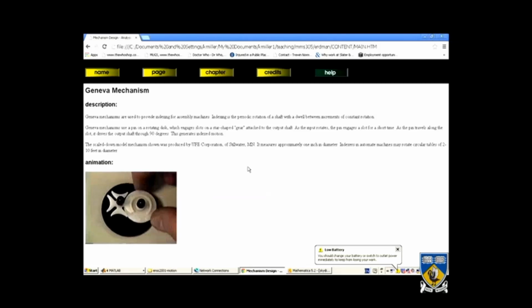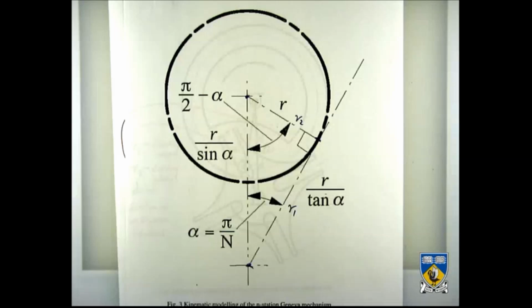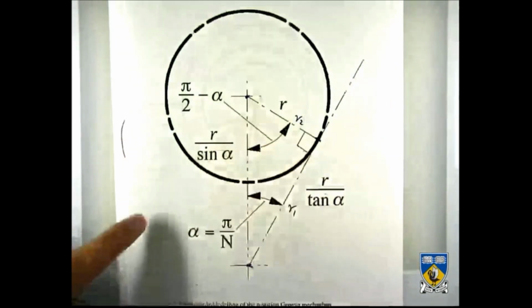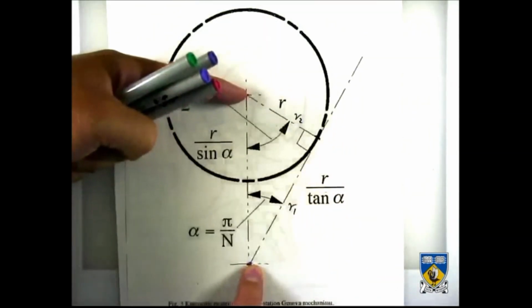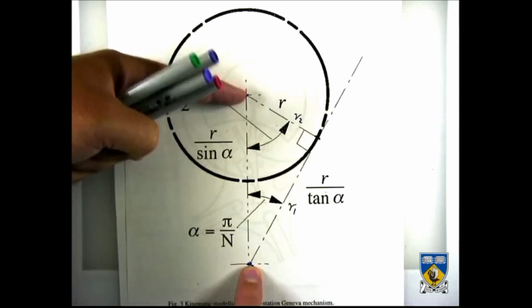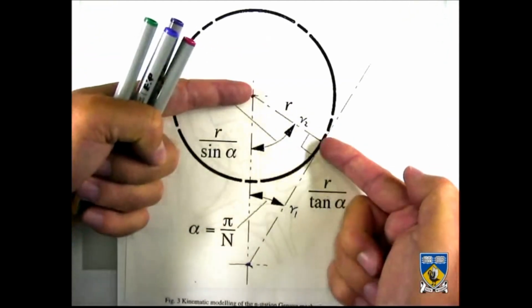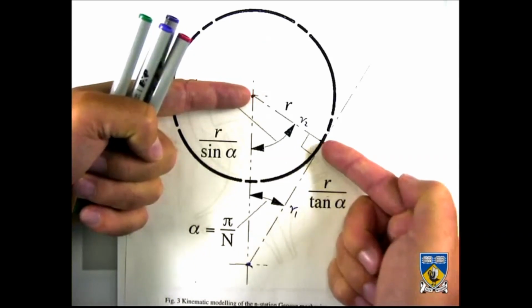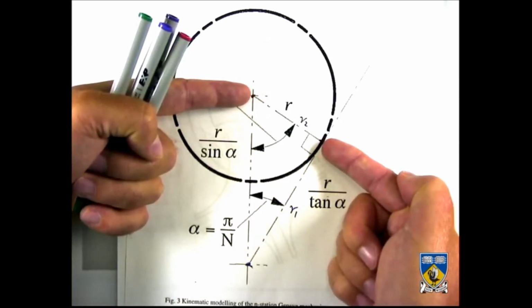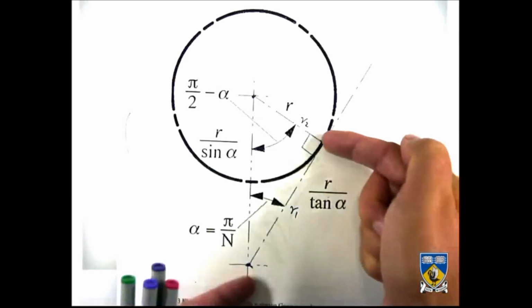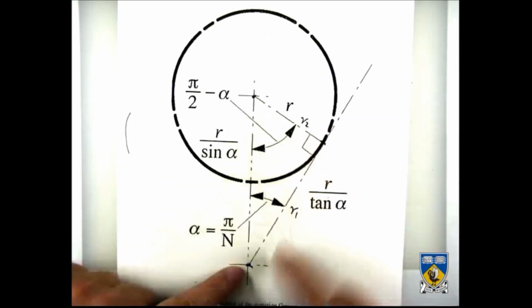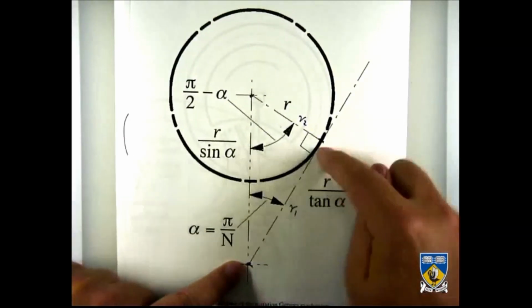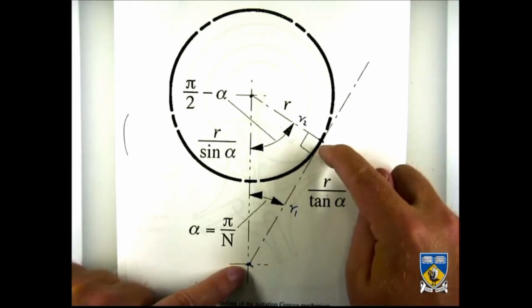Now we can do simple calculations based on this picture to give us the relationship between the distance between the wheel centers, the radius of the driving wheel, or at least the radius in the sense of the distance from the center to the pin, and the radius of the driven wheel, measured from the center of the wheel to the beginning of the slot.